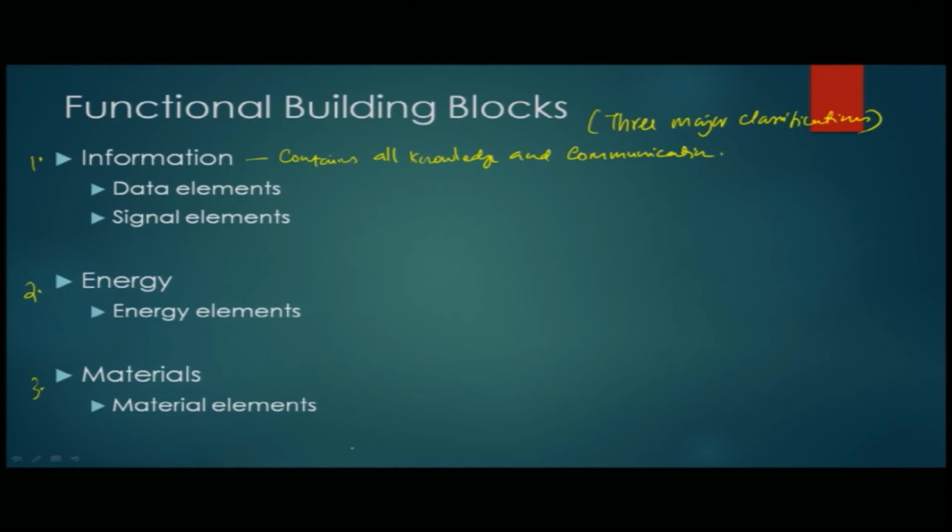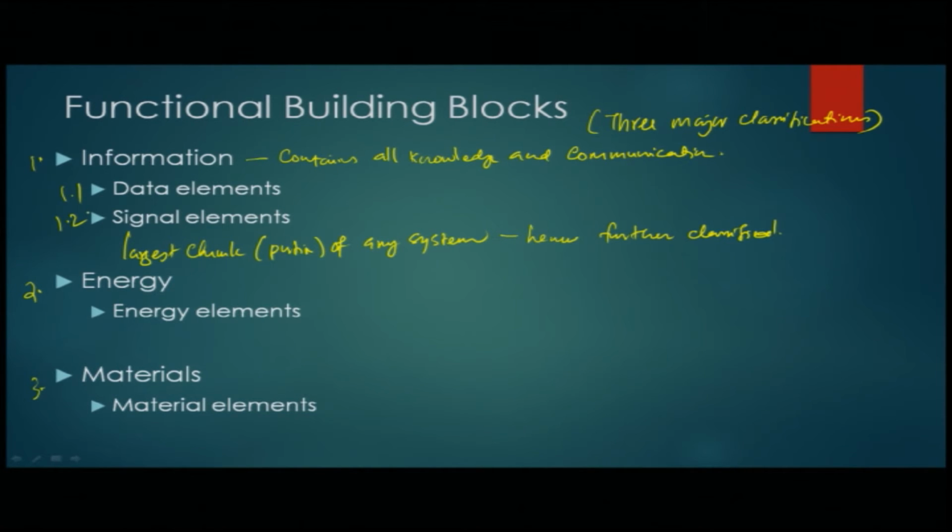It should also be noted that it is the largest chunk or portion of any system, and hence it needs to be further classified. What are they further classified into? They are further classified into two. They are data elements 1.1 and signal elements 1.2.